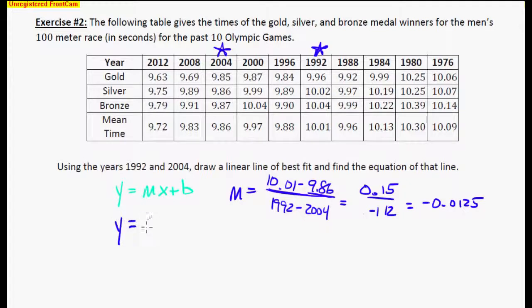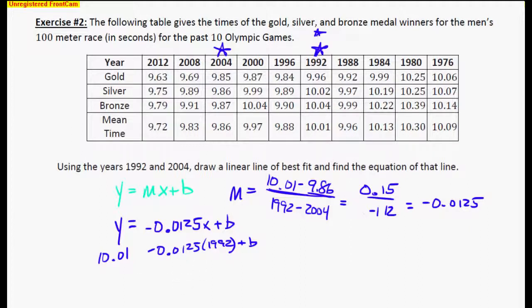So far, this is what my equation looks like. And if I want to find the y-intercept, which in this problem isn't going to make a whole lot of sense, we can find it by picking one of the points. Let's just take 1992 for x, and y is going to be 10.01.